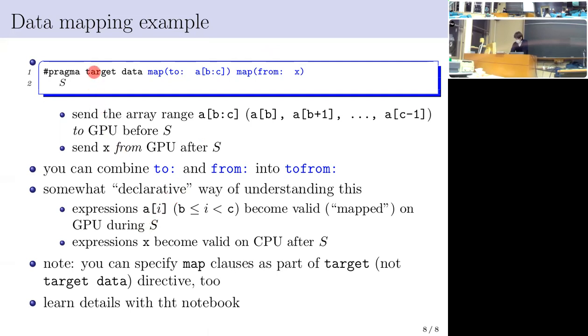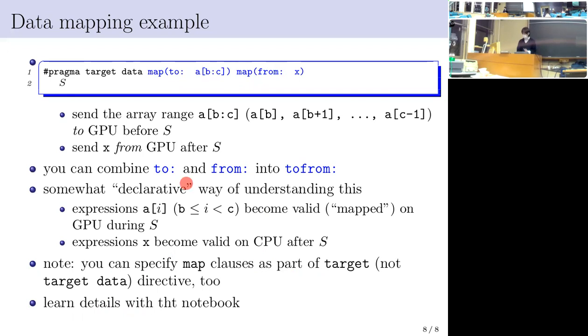And I explained this as a separate directive, target data, separate from the original pragma OMP target, which is for moving control from host to GPU. But actually, these map clauses can be specified also as a part of the target, which I explained earlier for moving control from CPU to GPU. The details you should learn in the notebook.